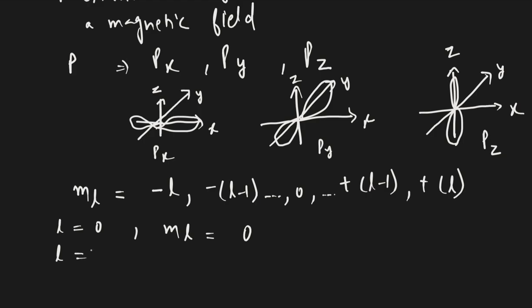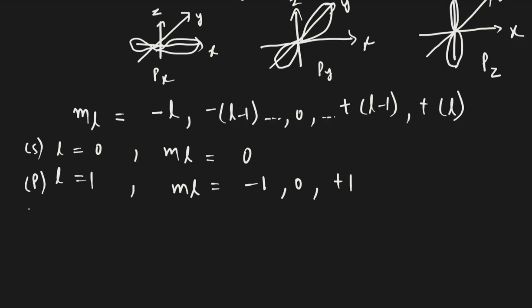When l is 1, that is the p subshell, and l is 0 is the s subshell. In this case, ml would be minus 1, 0, plus 1 as per this formula.